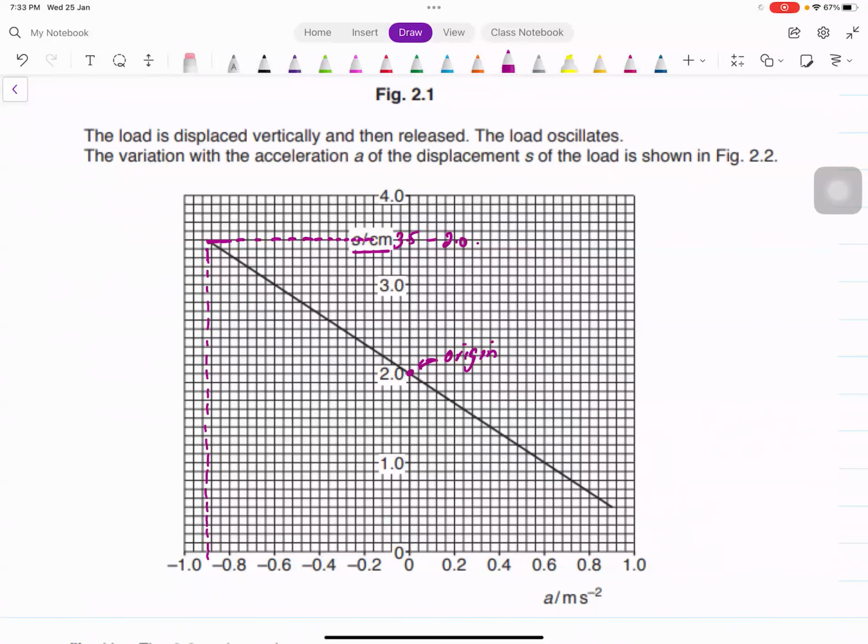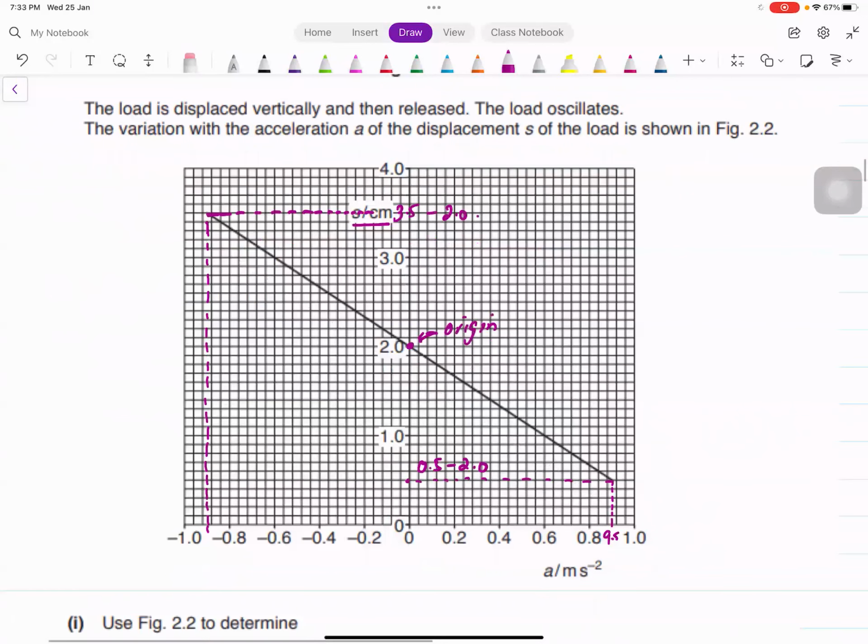Do you guys understand this? Yes, sir. Okay. And in this case, where the acceleration is 9.5, the displacement is 0.5 minus 2. So one will be positive, one will be negative. Is that clear?